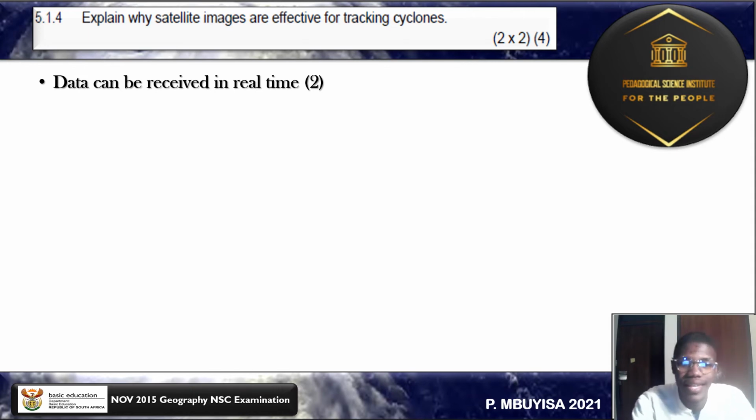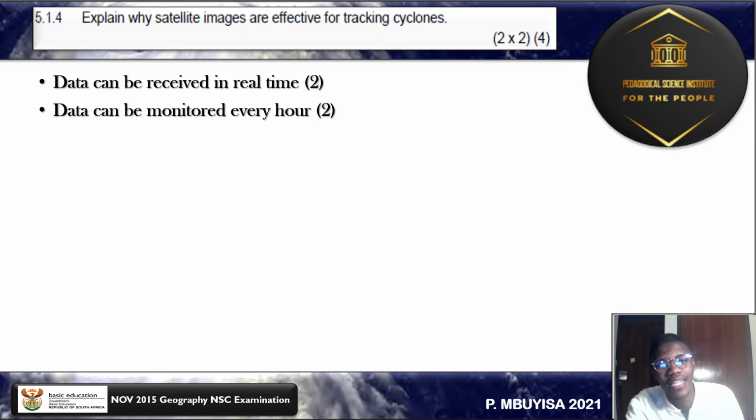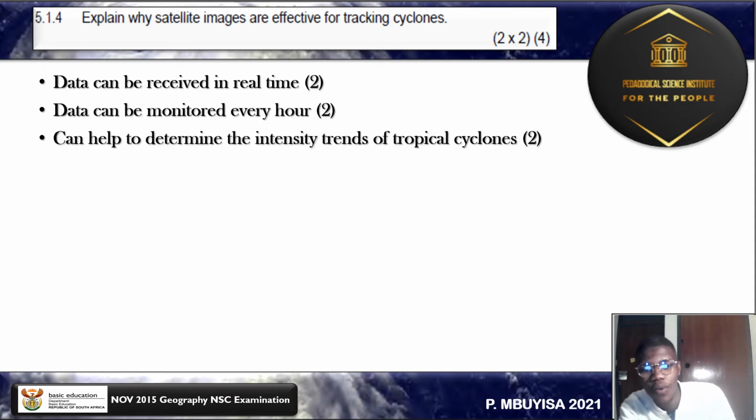It says data can be received in real time. So again, satellite images are a true reflection of what is happening in real time, so we can have accurate information being shared with the public, and data can be monitored every hour. That data can help to determine the intensity trends of the tropical cyclone, in terms of how strong it is.